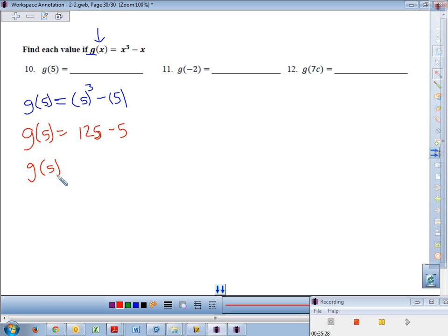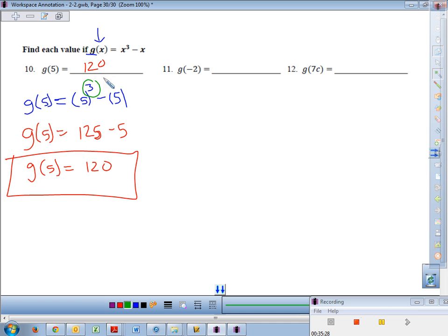And finally, please finish your work. Don't just go straight up to the answer blank and put 120. Finish what you're doing, right? Get me a g of 5 equals 120 right here. I need to see that, and then just put the 120 back up there. Pretty simple. Agreed? Now let's get crazy and put some negative numbers in, because it really matters about these exponents.